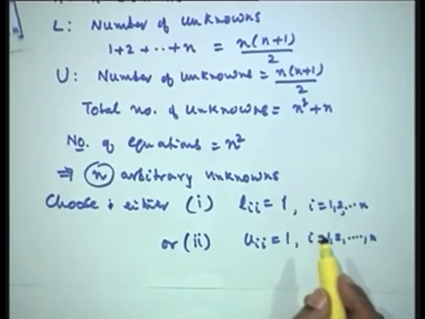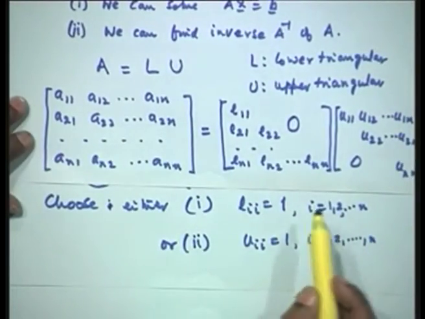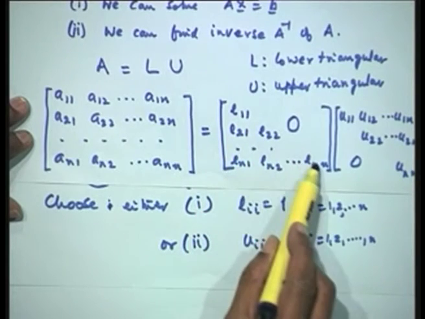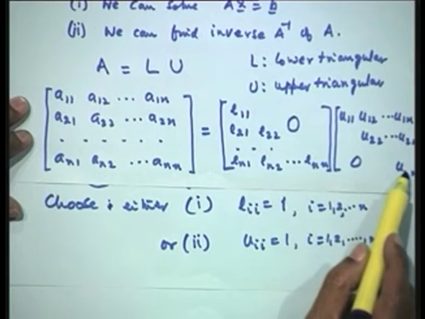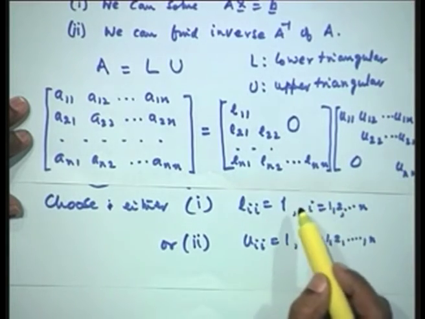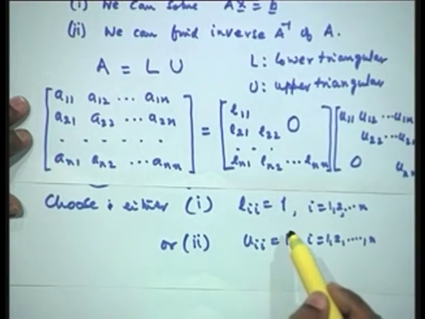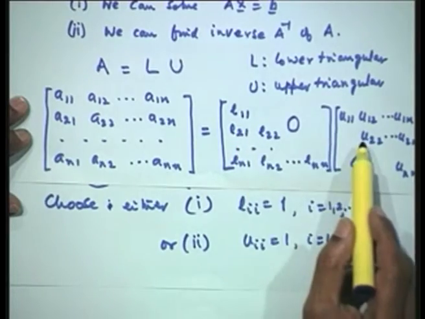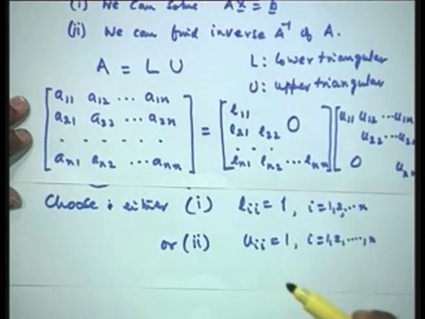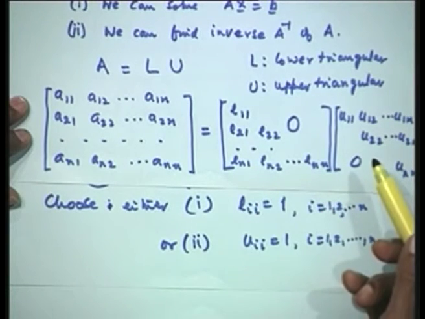What we are really saying is that we would like to choose all the diagonal elements of L as 1, or all the diagonal elements of U as 1. We will see next time that this choice simplifies the evaluation of Lij's and Uij's, because by simple forward substitution we can get all the elements of Lij's and Uij's.